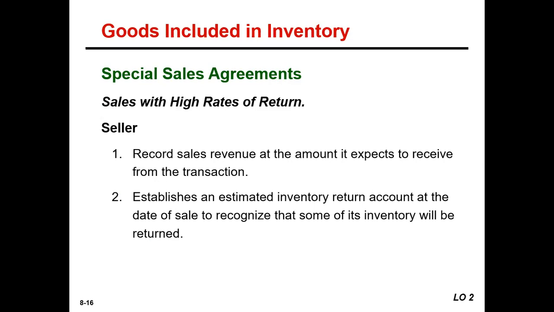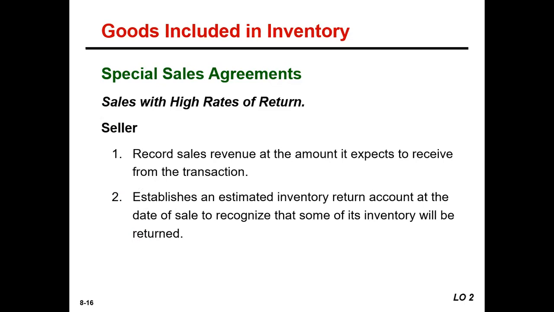With these special sales agreements, when there are high rates of return, we record sales revenue at the amount it expects to receive from the transaction. And then we establish basically a contra asset account, estimated inventory return account.